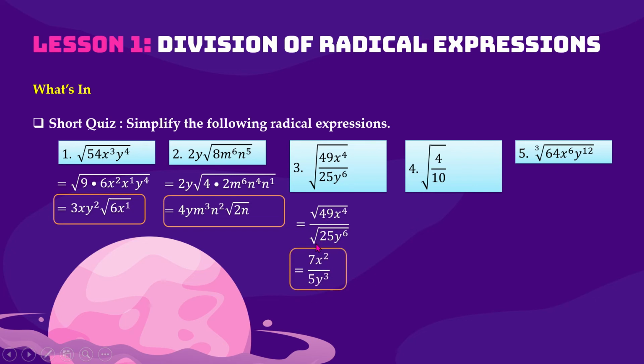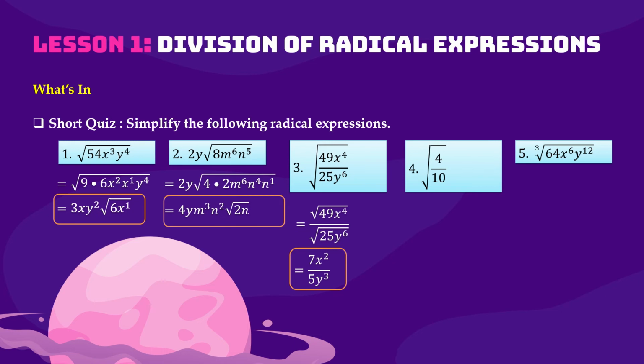The square root of 49 is 7. X exponent 4, 4 divided by imaginary index 2 is 2, so x squared goes outside. Square root of 25 is 5. Y exponent 6, 6 divided by imaginary index 2 is 3, so y cubed. So, no y remains in the radical symbol. Our final answer there is 7x squared over 5y cubed.